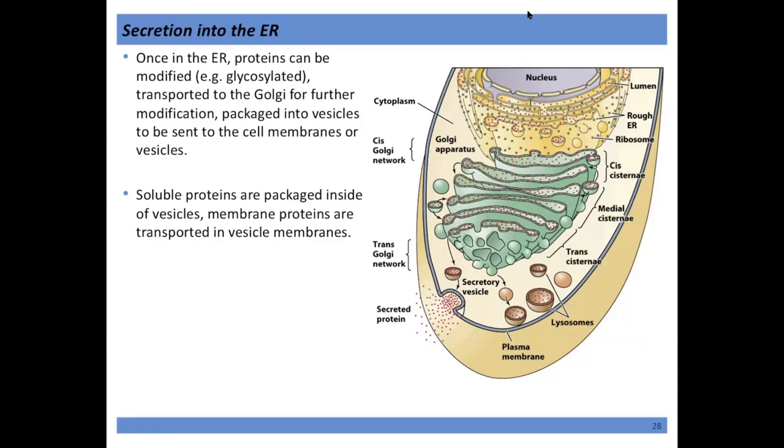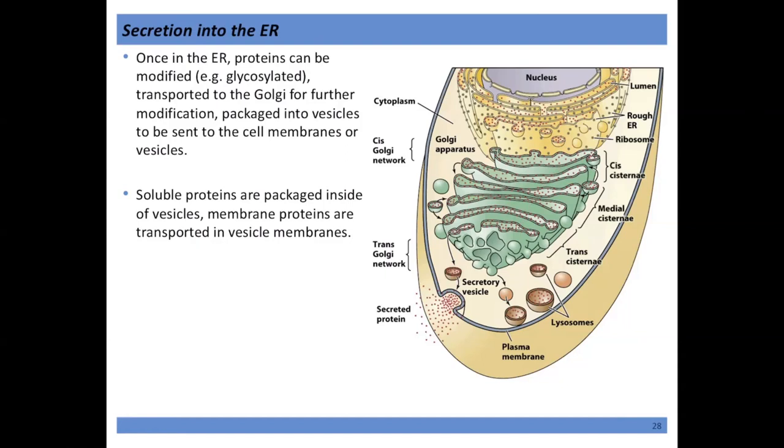Through the Golgi apparatus, you get processed and you get carbohydrates added and trimmed and other modifications to the protein. Then eventually from the Golgi apparatus, you'll get these secretory vesicles that then fuse to the membrane and are released.